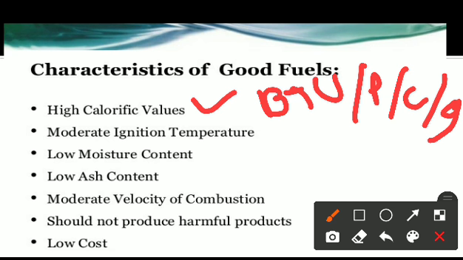BTU has the long form British thermal unit. For solid fuel, the calorific value is expressed in BTU per pound or in KCU, that is kilogram centigrade unit per kilogram.